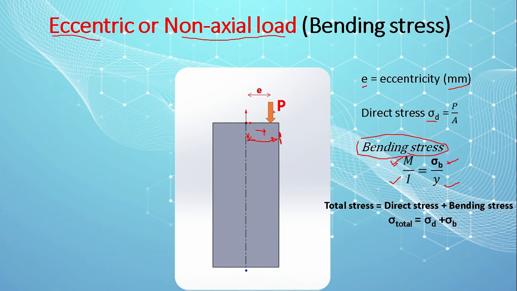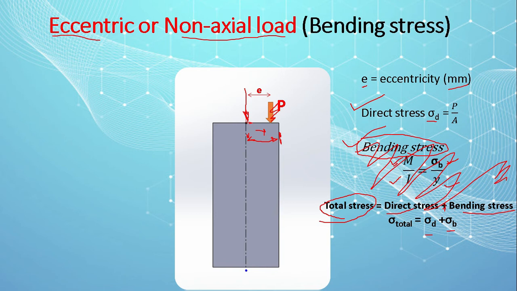So in this case there are two types of stress: one is direct stress and the other is bending stress. Total stress can be calculated as direct stress plus bending stress, so sigma total is equal to sigma d plus sigma b. Suppose this force P is applied on the axis of this body, in that case bending stress doesn't come into the picture, and only direct stress is produced.